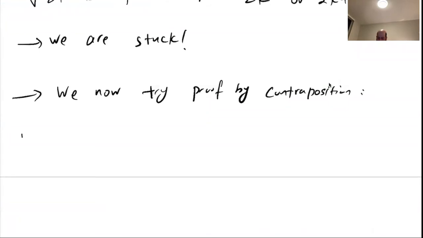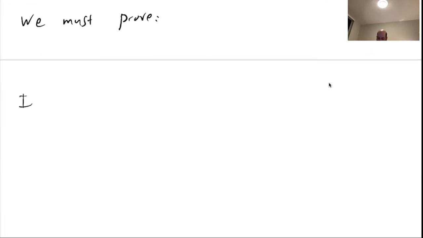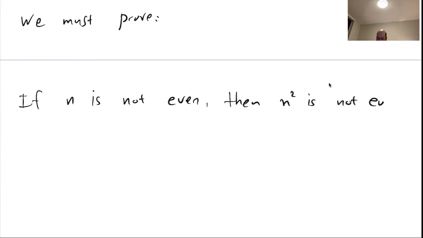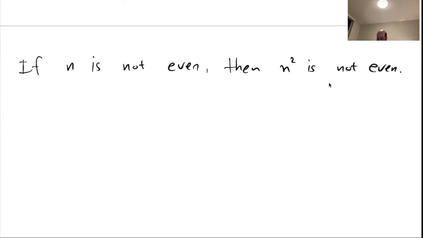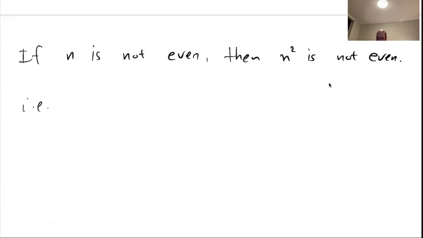So we must prove if n is not even, then n squared is not even. And what's the meaning of this? That is, if n is odd, then n squared is odd.